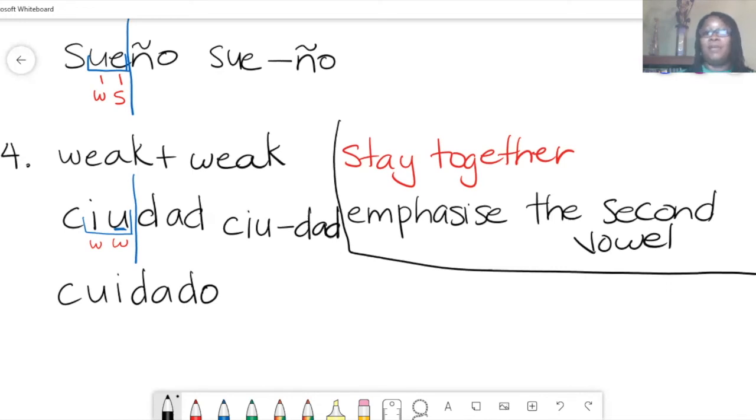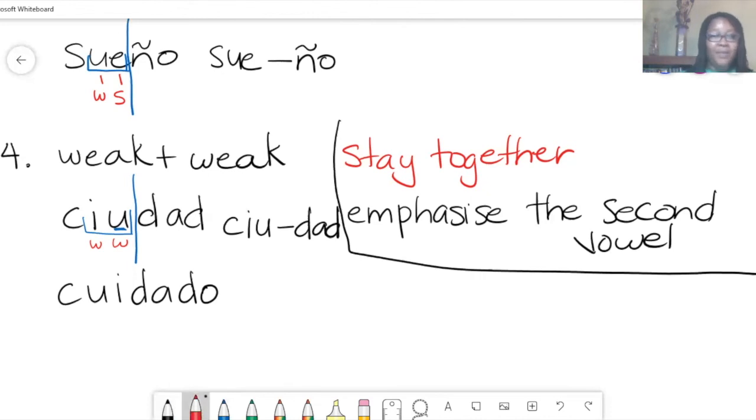So this is not going to be K, but S. Ciudad, ciudad. If you think about saying ciudad, that's what it sounds like. All right, so that's one.